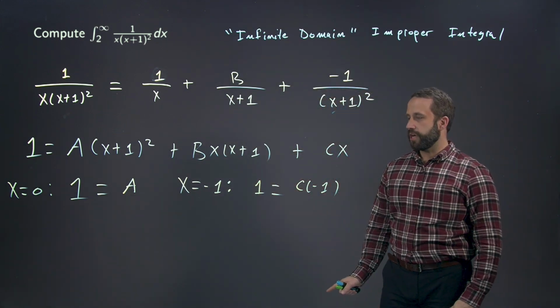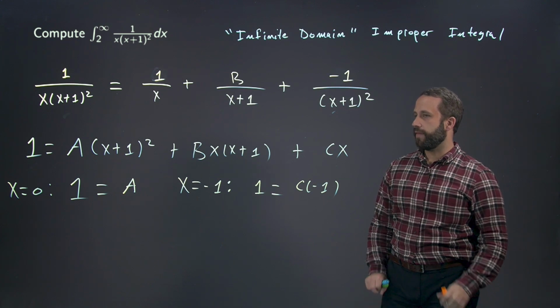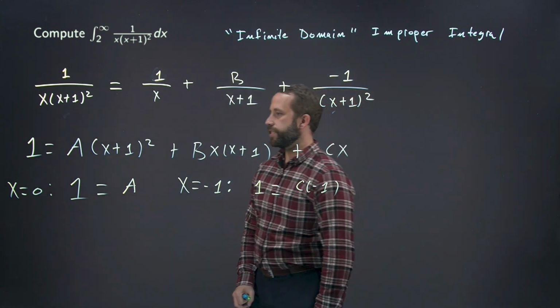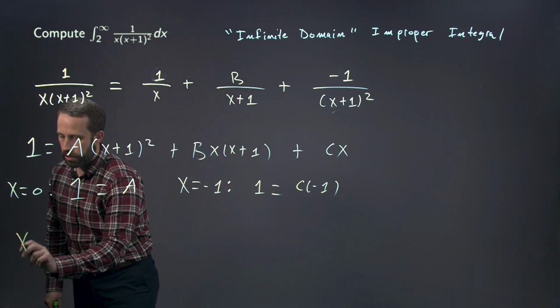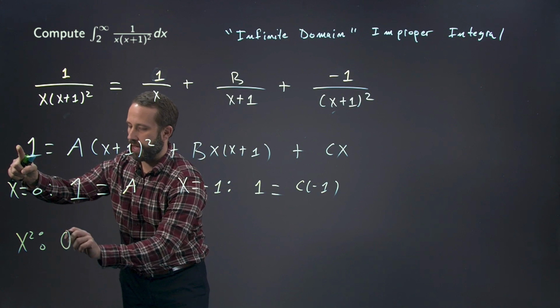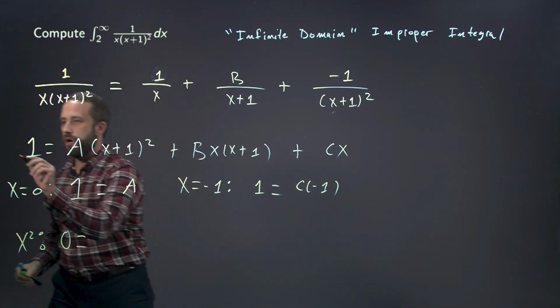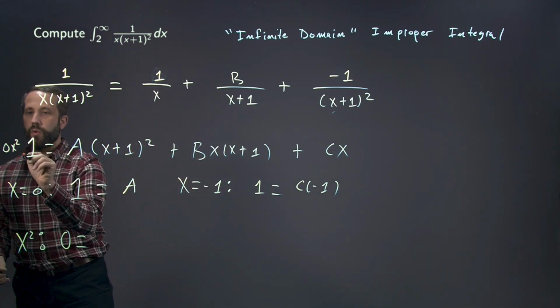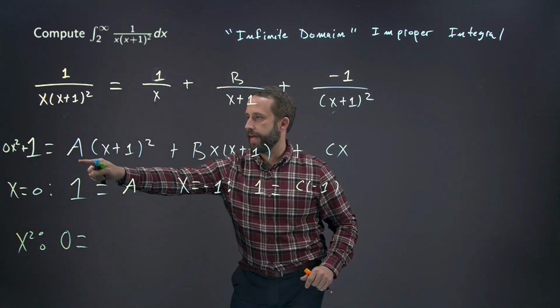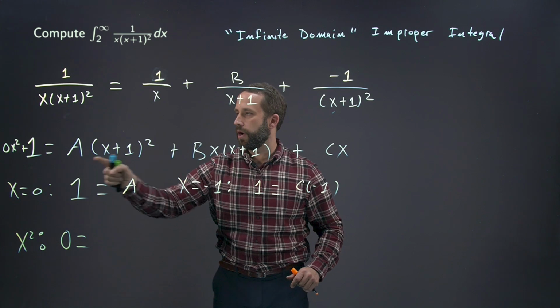Now for B, there's no clever value I can plug in that's going to make the other terms go to 0. So I'm just going to look at the coefficient of x squared on the left-hand side. The coefficient of x squared on the left-hand side is 0 because there's like a 0 x squared plus 1 here. So I've got 0 over here. On the right-hand side, I can get an x squared term here.